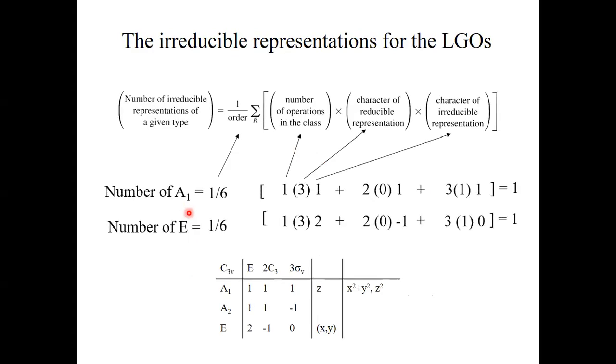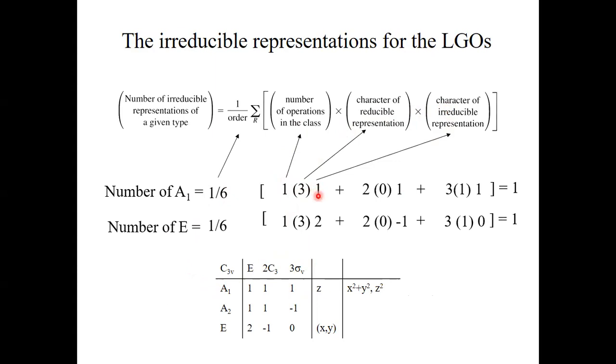Okay. So we have 1 times 3, and that we need to multiply with the character of the irreducible representation. So what is this? Well, that's the character in the row for the irreducible representation A1 underneath of E, and that is 1. So overall we have the product 1 times 3 times 1.